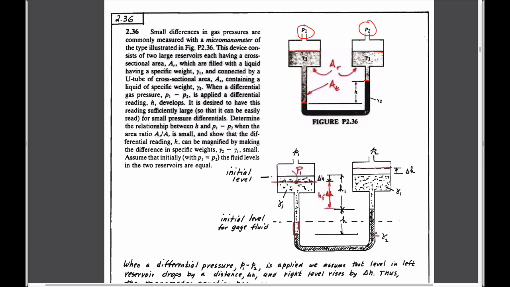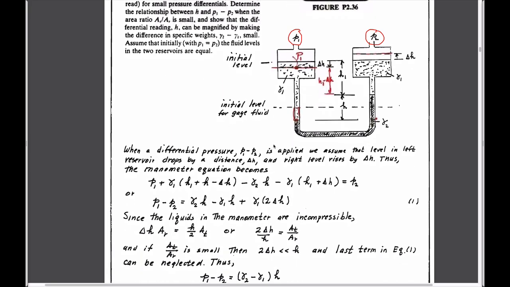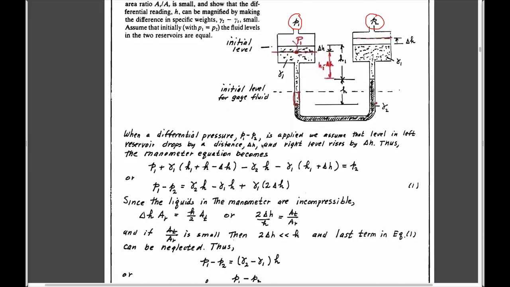And so what we will attempt to do is to define what the difference in pressures between P1 and P2 is as a function of different levels within this. The starting condition is this, where these are at the same pressures, and as pressures are changed, then we modify the elevation of the manometer to accommodate that.